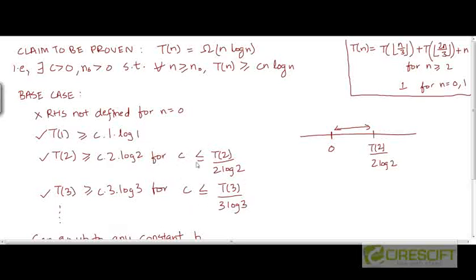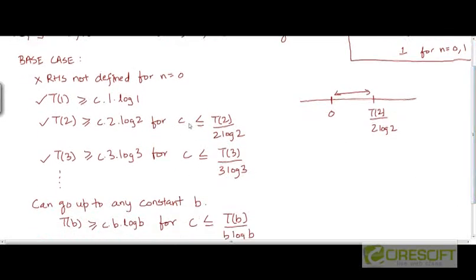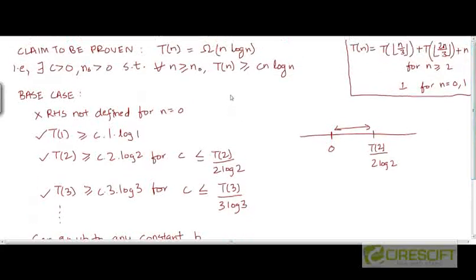We'll get 50 inequalities that we need to satisfy for c, 50 constraints for c, and if we choose a value of c less than or equal to all of those 50 constants on the right hand side, then we can say that this claim will hold for all those 50 numbers.